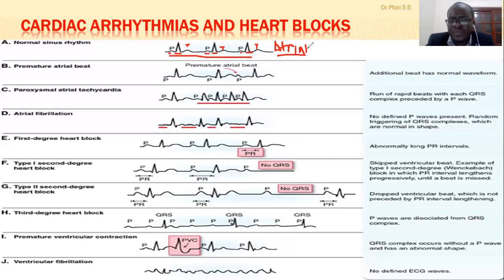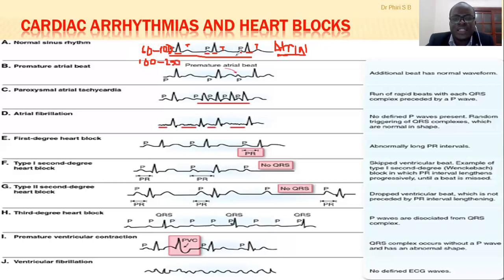If the atria are contracting at a rate between 60 to 100, it's called normal rhythm. But sometimes you find that the atria are contracting at a rate of between 100 to 250. If it's 100 to 250, like we said, this will result in a tachycardia.